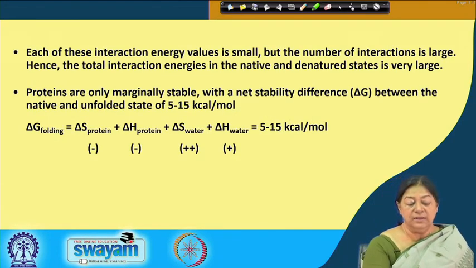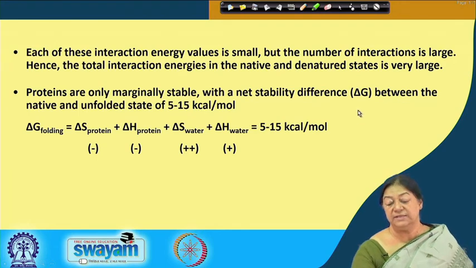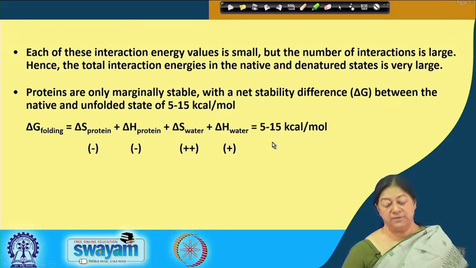Now, when we look at the contributions, the proteins are actually quite marginally stable, and the net stability difference, that is the delta G between the native and the unfolded state, is of the order of 5 to 15 kilocalories per mole.